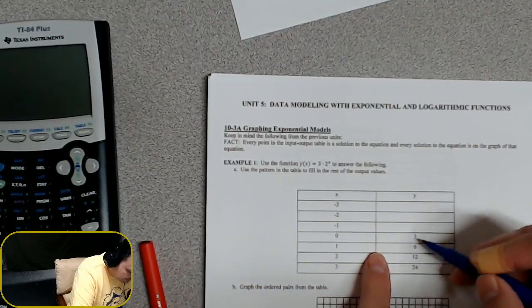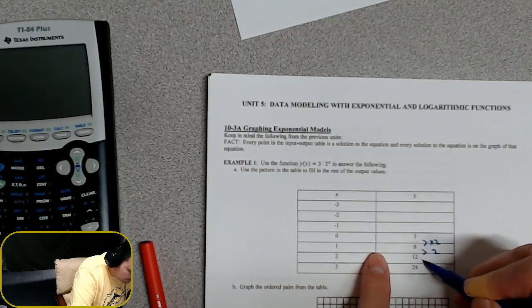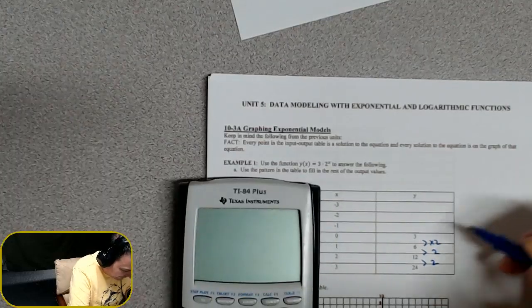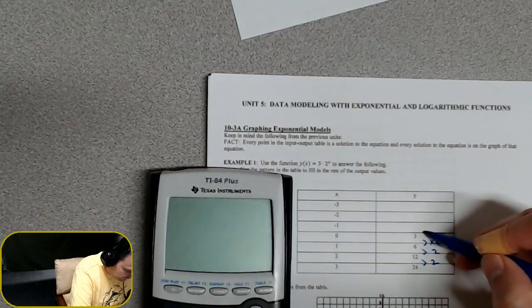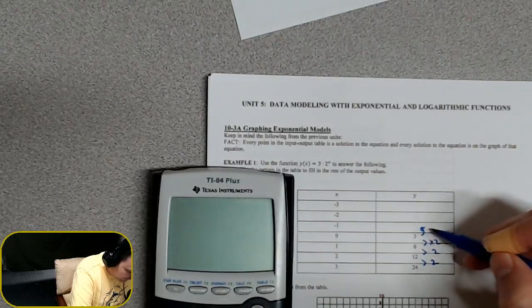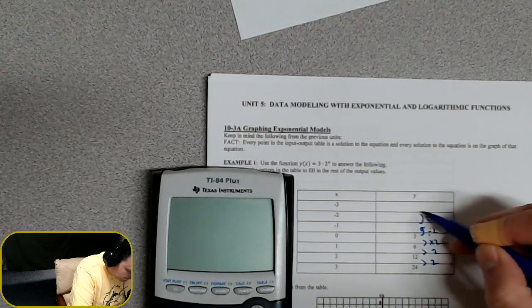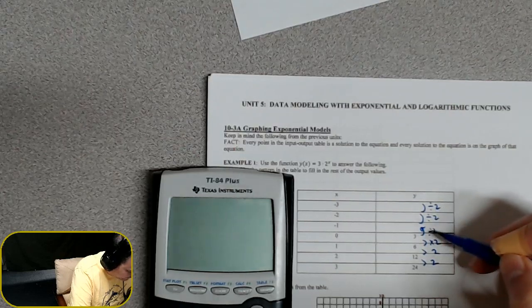Remember, we can always work backwards. If this is times 2, this is times 2, this is times 2, then if we work backwards, we divide by 2. Dividing by 2 to work backwards from it.